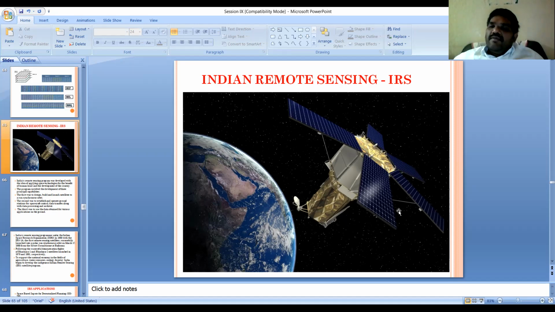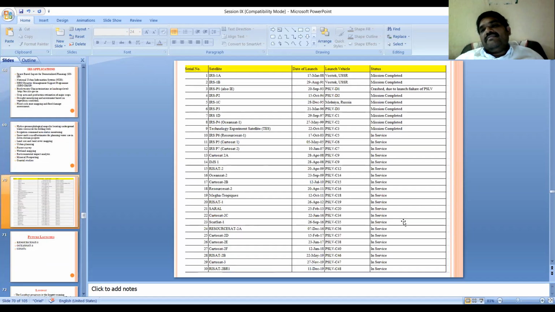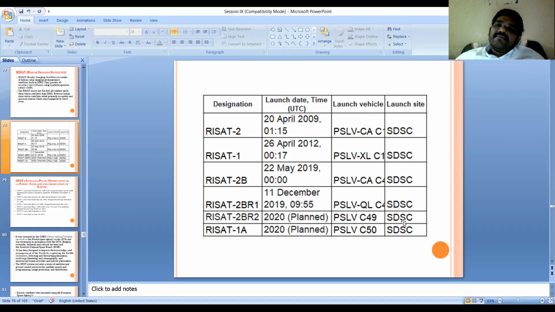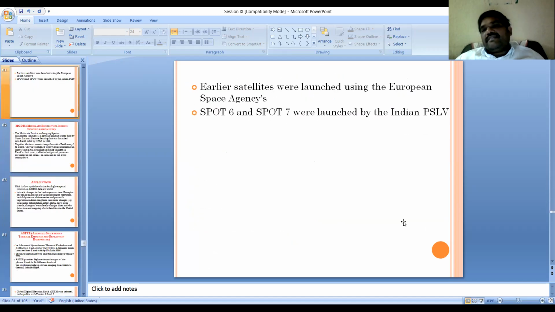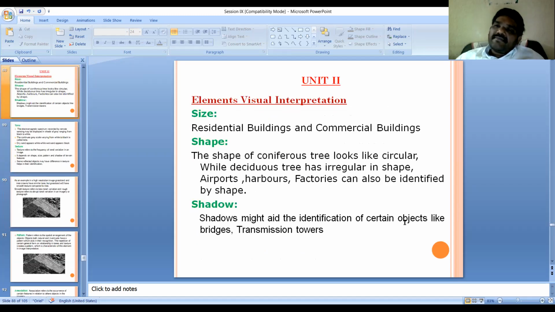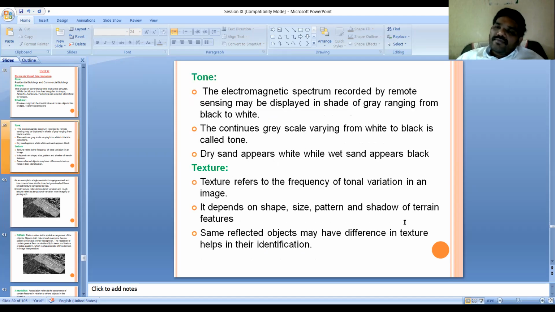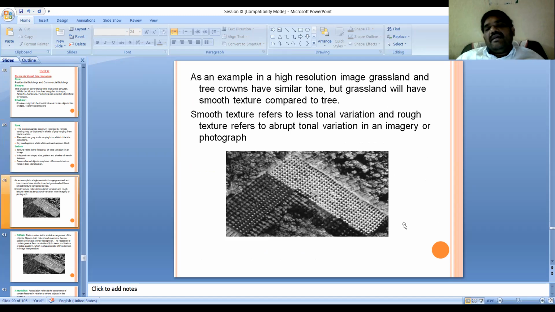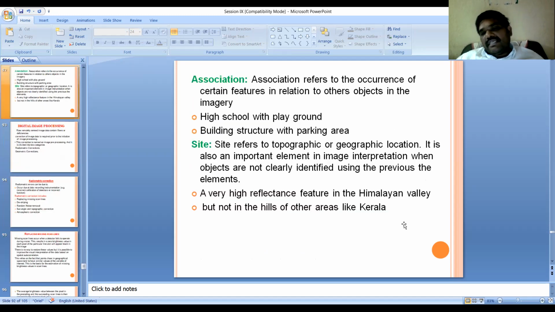For that, we discuss image elements or visual interpretation elements. The first and foremost thing we have seen is size. Based on the size, the images of spatial data can be analyzed. Shape, shadow, tone, texture, and then pattern, association, site.